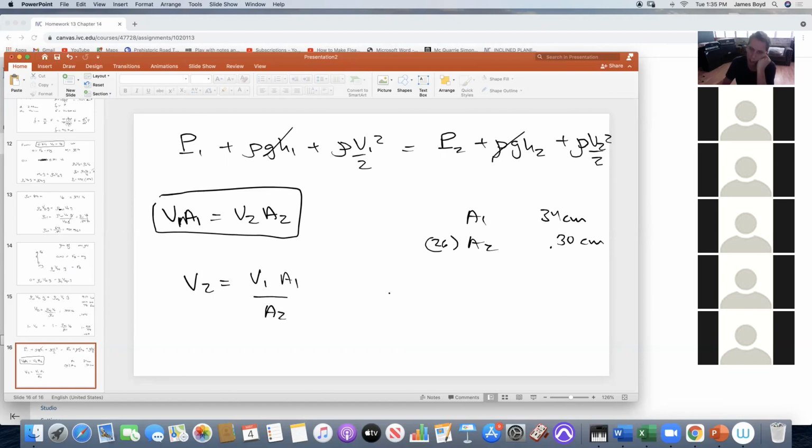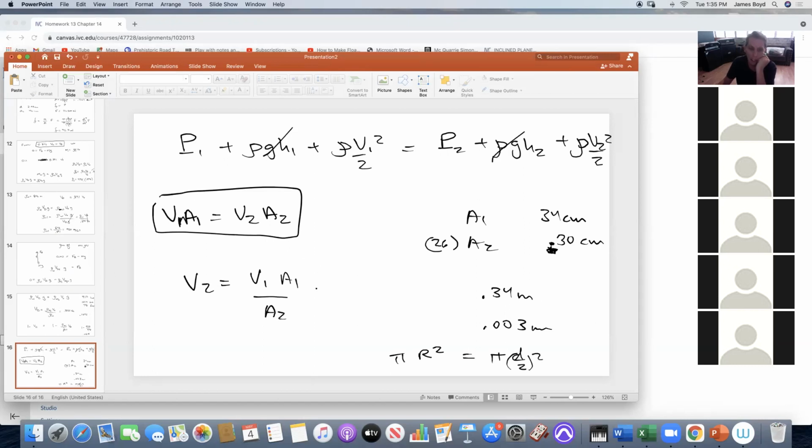If we assume that they're round, let's put these into meters. A1 would be 0.34 meters, A2 would be 0.003 meters. But that's the diameter, so the area is pi radius squared, which is pi d over 2, squared.